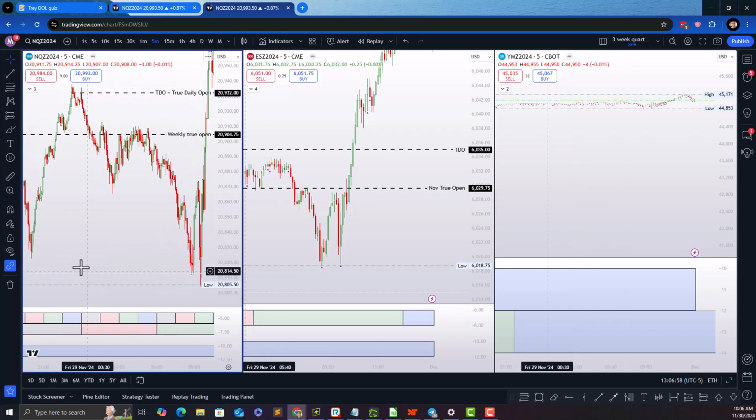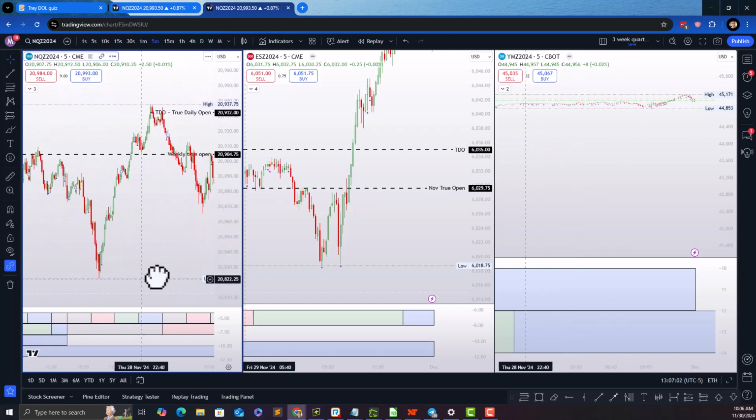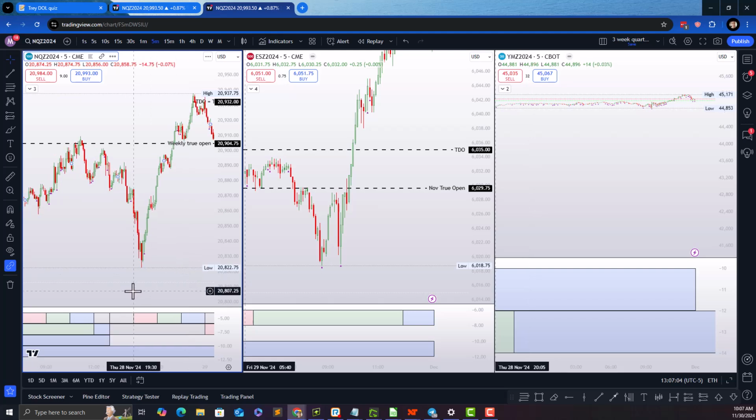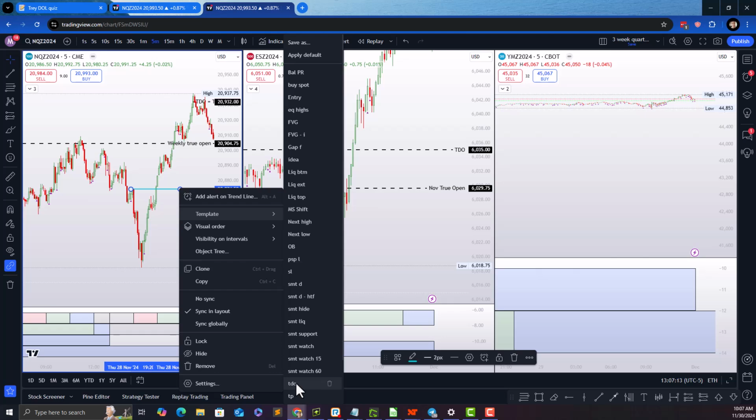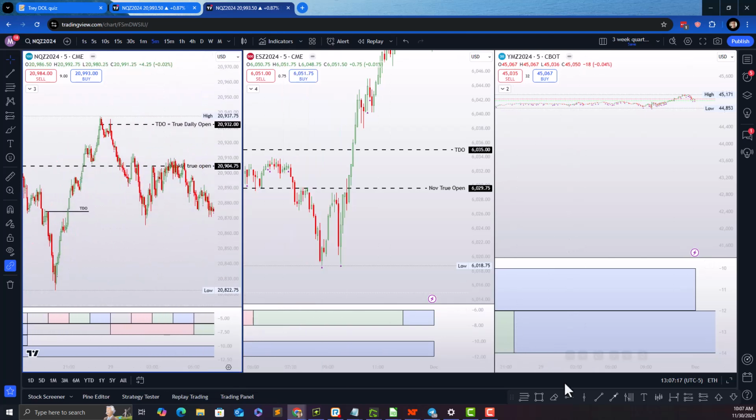All right, so this pink shaded area is quarter 2 within the Asia session. Mark the opening of that candle. There's a leg down. So under it would be discount if you are bullish. Here we'll mark the one for London, which is above.